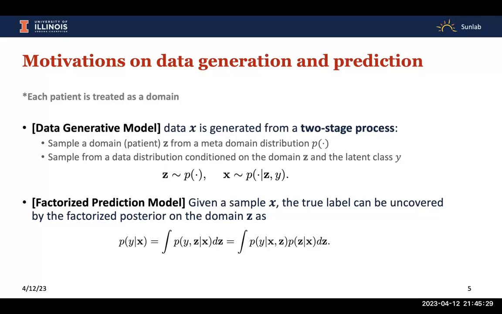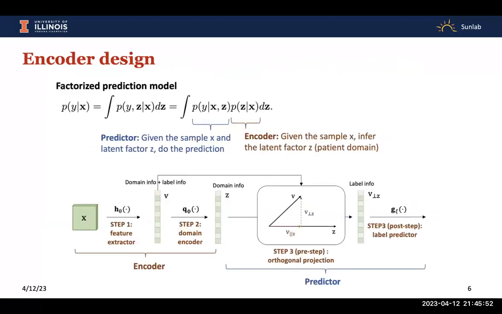The posterior P(y|x) is mathematically equal to an integral over Z of P(y, z|x), and this probability term can be factorized into P(y|x, z) times P(z|x). I can explain it in detail here.